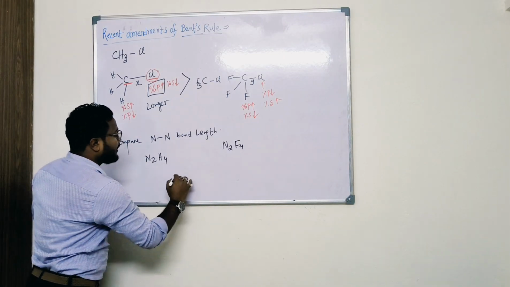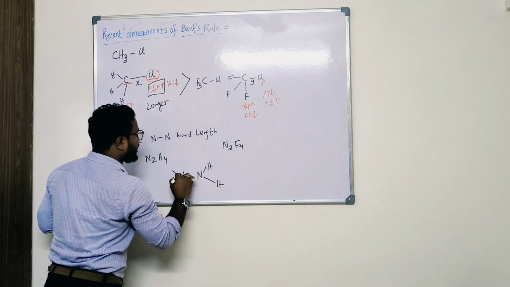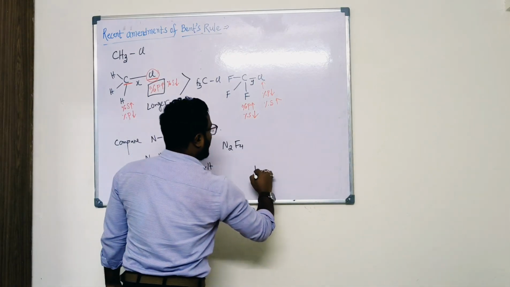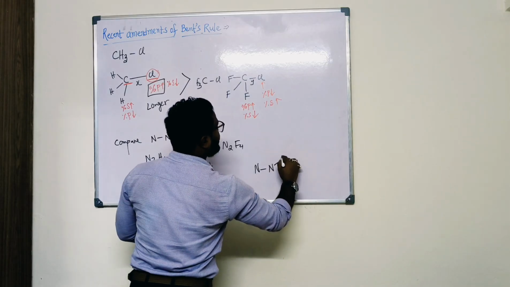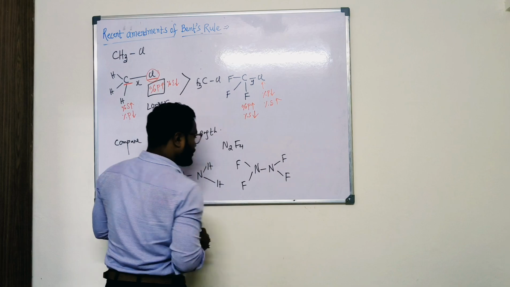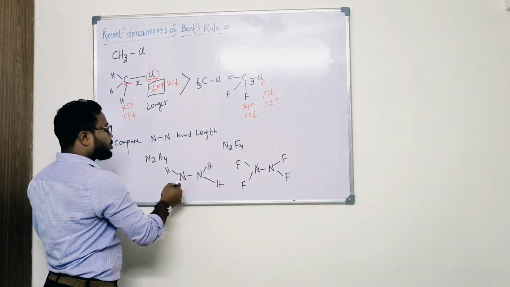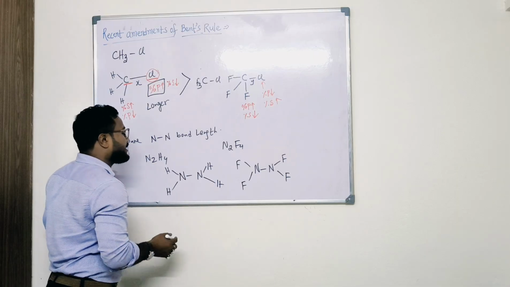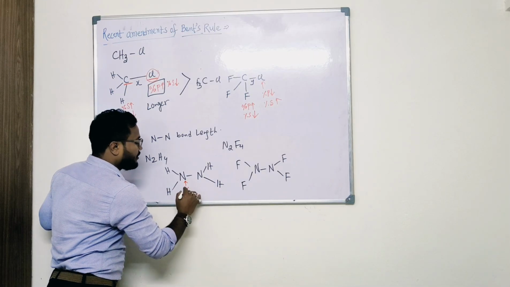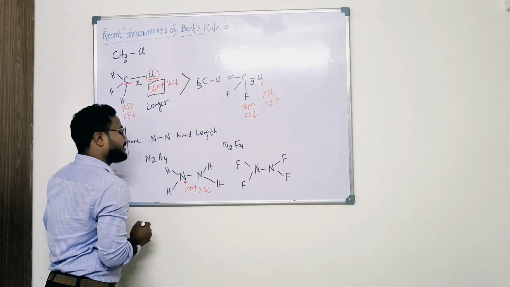Let's check. Nitrogen is connected with another nitrogen and 2 hydrogens are connected over here. In N2F4, N is connected to N and 4 fluorine atoms are connected. We are going to decide their character. In this case, nitrogen is more electronegative than hydrogen, so percent P is more and percent S is less.